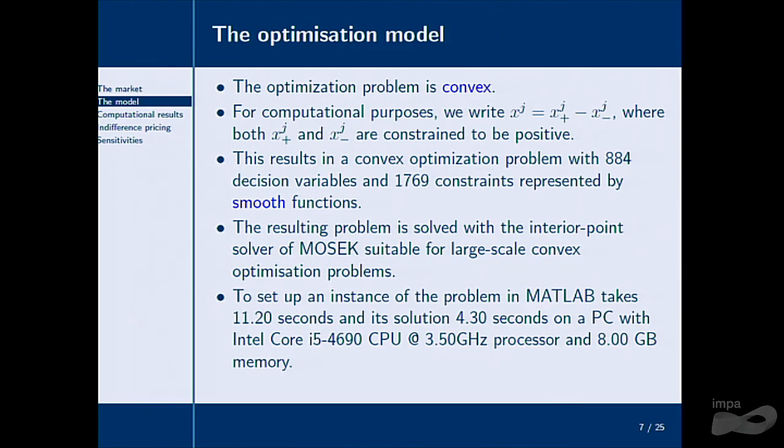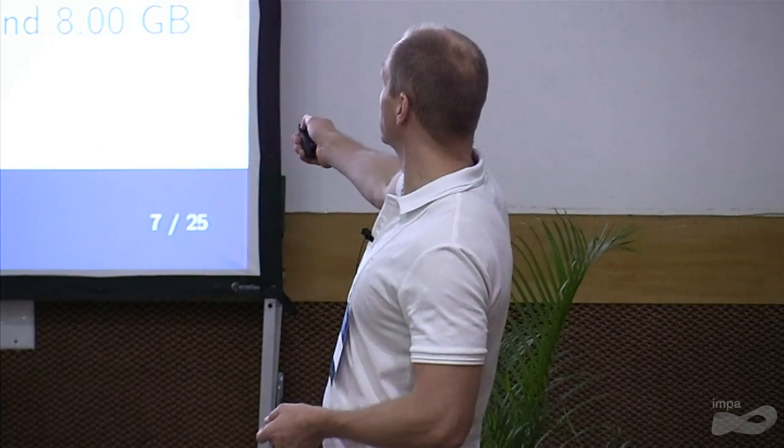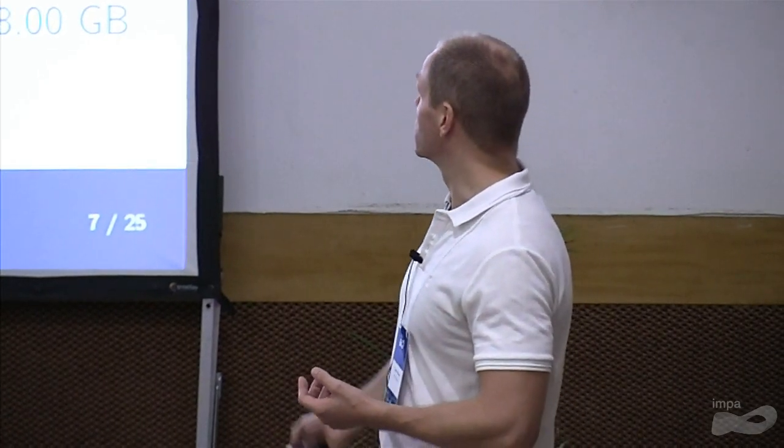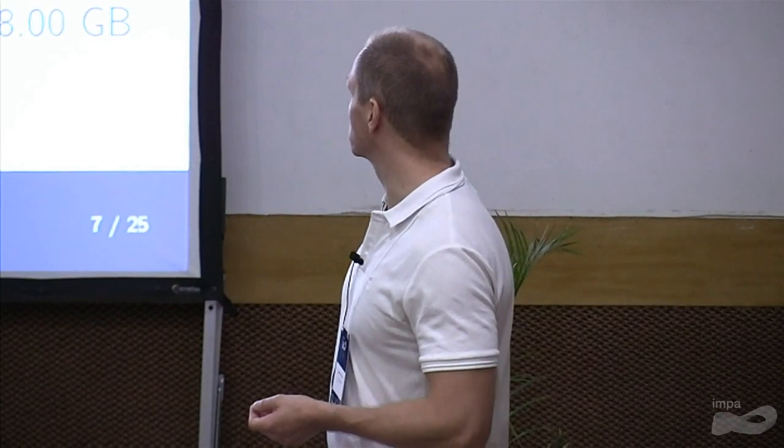This results in an optimization problem where you have 884 decision variables. So you get the number of puts and calls times 2, because you split the variables into 2. And then you have 1,700 constraints, a bit more, but now they are smooth functions.